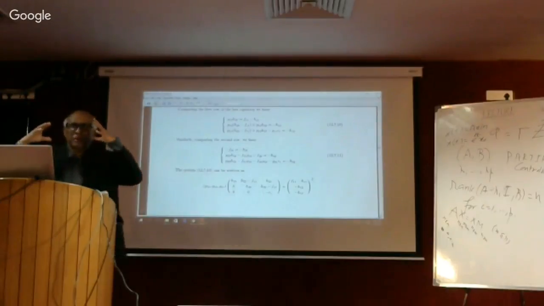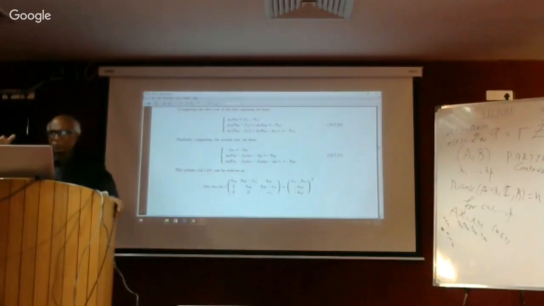F has been taken in such a way that it is a lower triangular matrix with the diagonal entries known. And G is like this. So by equating the entries row by row, you can compute all this very easily. And this same idea is implemented in the general case. So you can see how easy the algorithm is.